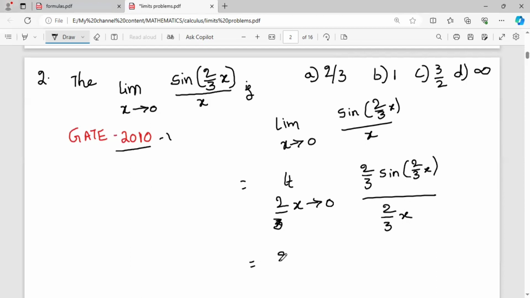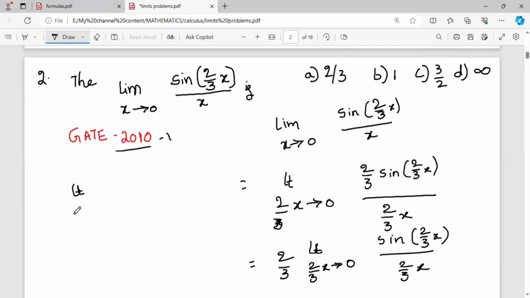Here 2/3 is the constant term, so we get 2/3 times limit x tends to 0 of sine (2/3)x by (2/3)x.